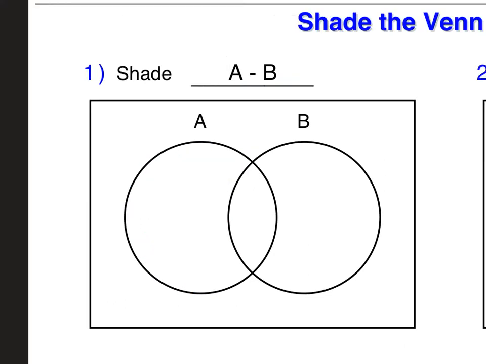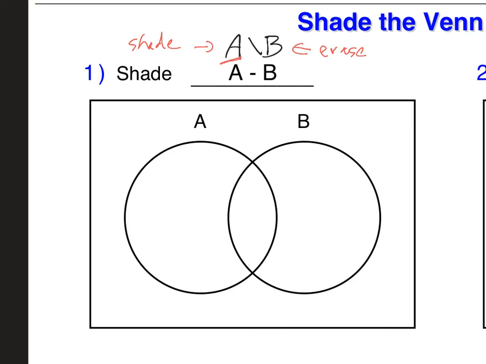Let's look at the difference, or the minus operator, so A minus B. So don't forget that you may also see it written like this. Certainly in the textbook for the WNCP course, or the Nova Scotia course, it uses this notation on the top. So what we do is we shade the one on the left, and then we erase the one on the right.